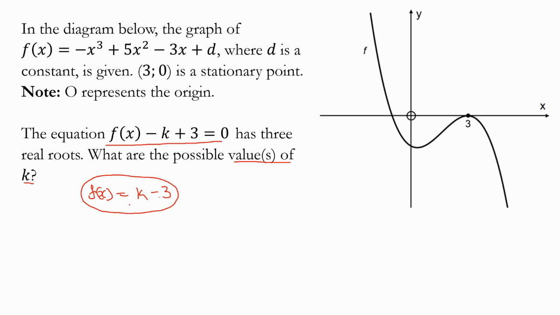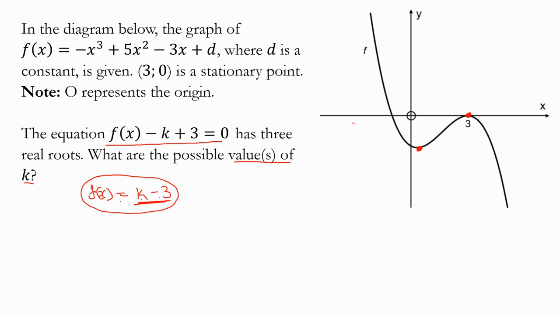What is the meaning of that? If f of x is equal to another function and they have three real roots, it means this function must be between this point and this point. It must be between these two points. I can draw any horizontal line here.